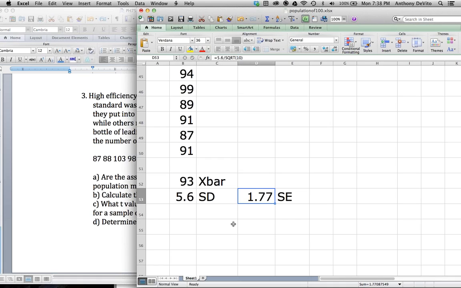So now, where would I expect 95% of these results to occur? Well, I'd expect them to be within 2 standard deviations below the mean and 2 standard deviations above the mean.